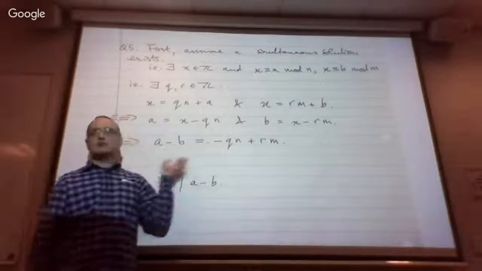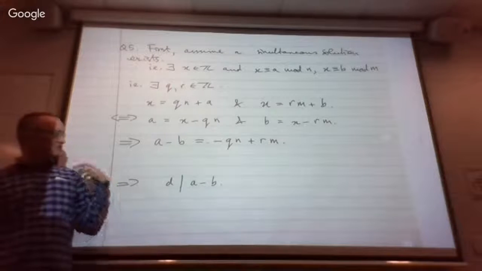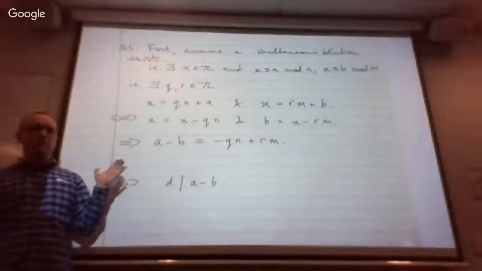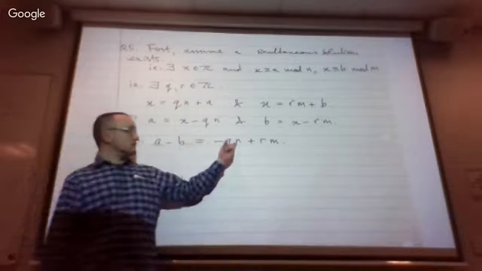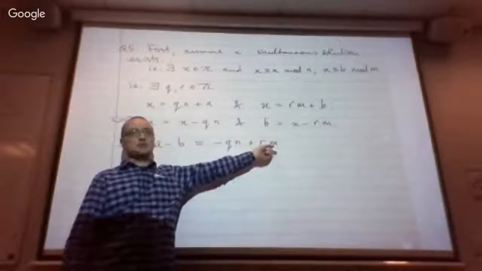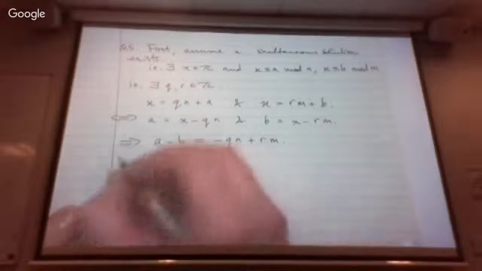We should have a good understanding of common divisors and greatest common divisor. The fact that D is a common divisor of n and m doesn't necessarily have to be the greatest one for this to work. Just because it's a common divisor, it divides n, divides m, therefore it divides this linear combination. That was a basic property of common divisors.